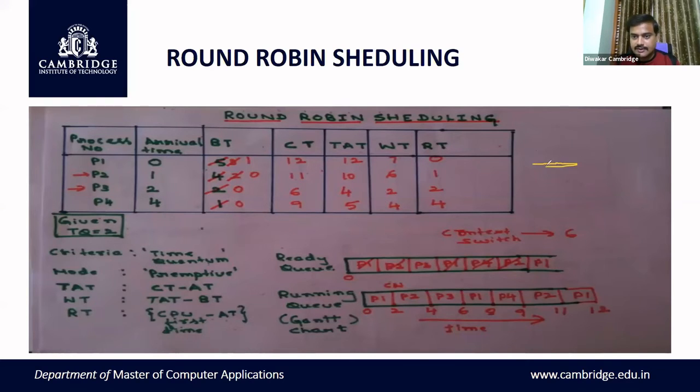You think this is the ready queue. Now you think that we have three processes, P1, P2 and P3. This is P1, this is P2, and this is P3.